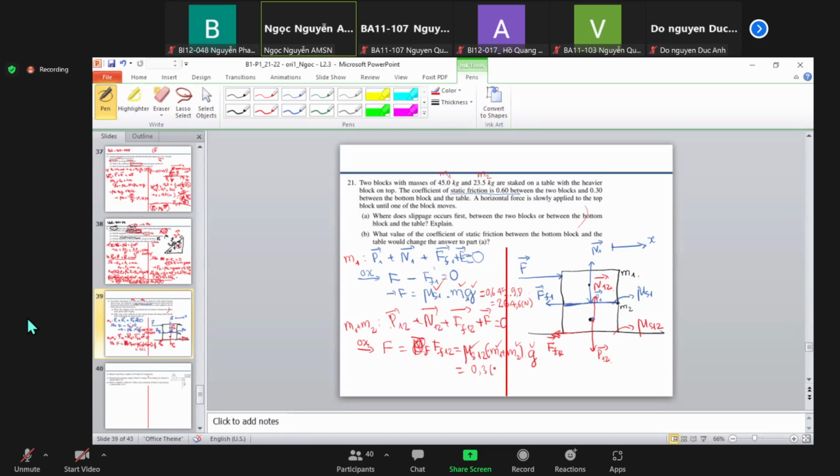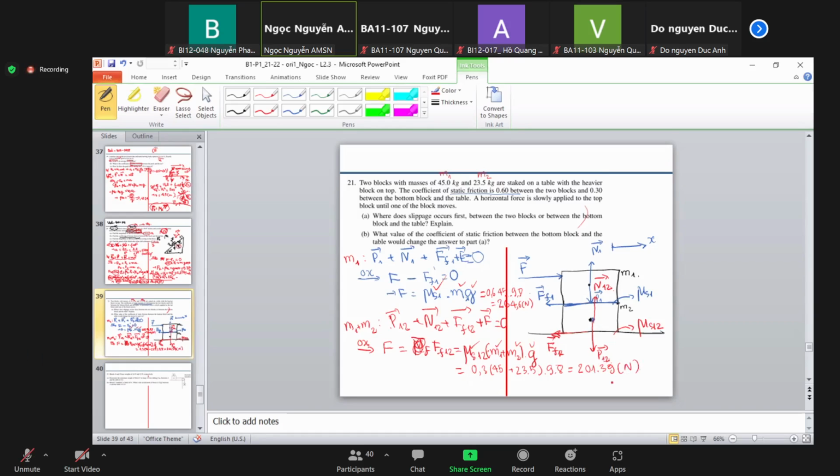Okay, and here 0.2 multiplied by 45 plus 32.5 multiplied by 9.8 equal 200 and 30 newtons.